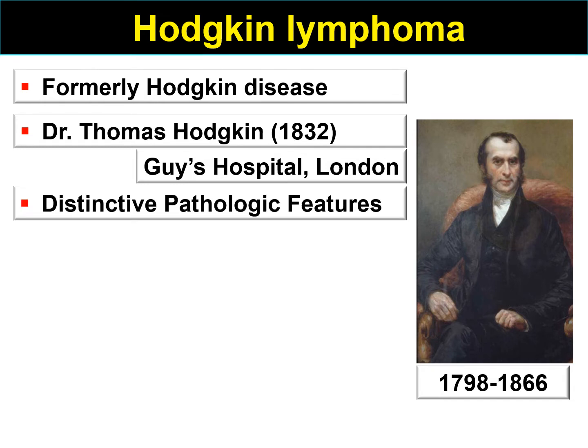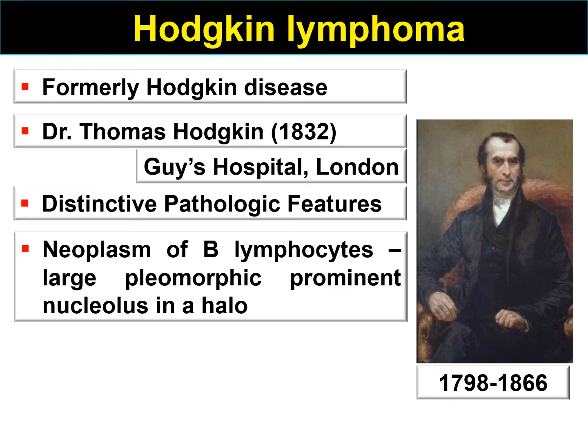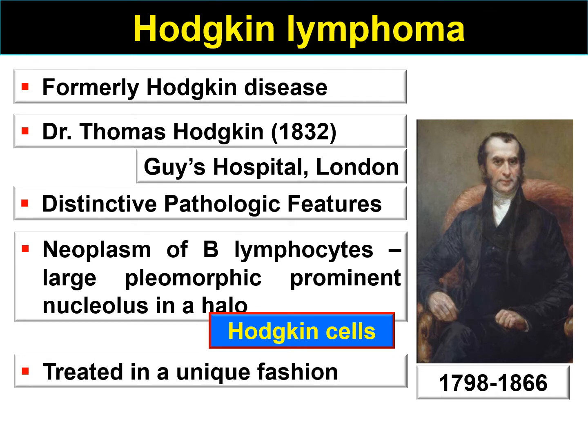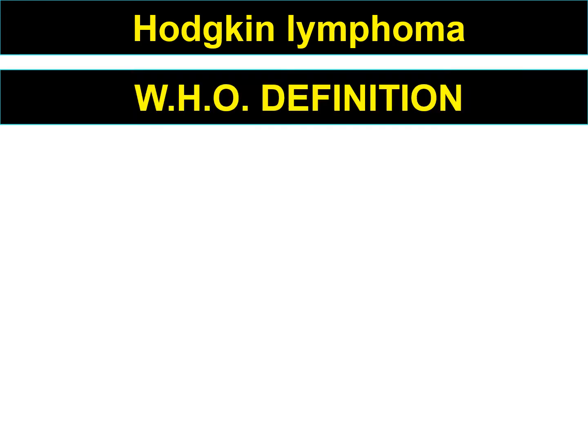He described distinctive features of this disease, and this is a neoplasm of B lymphocytes and has large pleomorphic prominent nuclei in a halo, and these cells are then termed Hodgkin cells. And this disease is treated in a unique fashion.